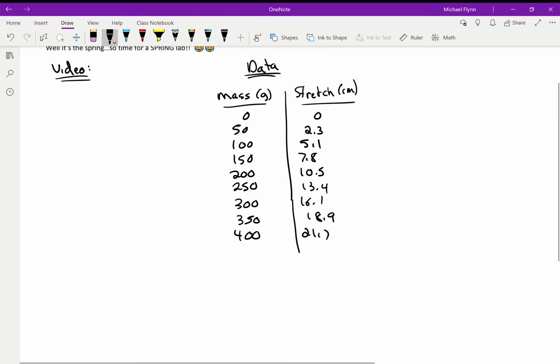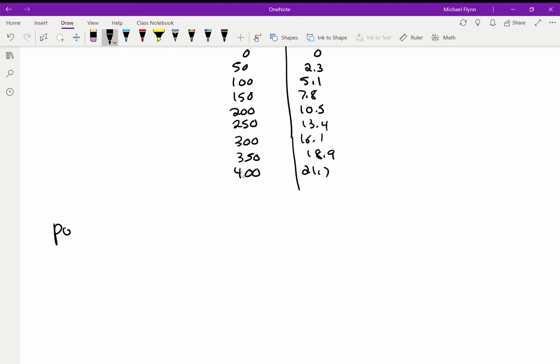The point is to determine the relationship. So let me tell you the purpose.